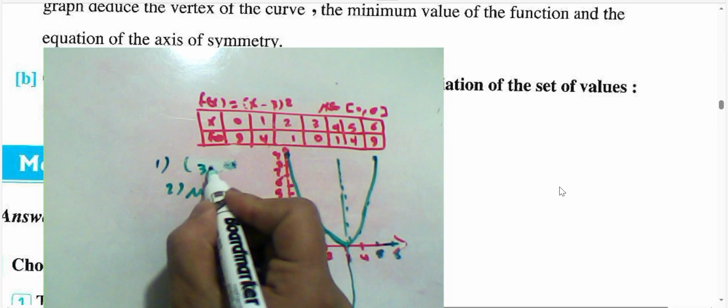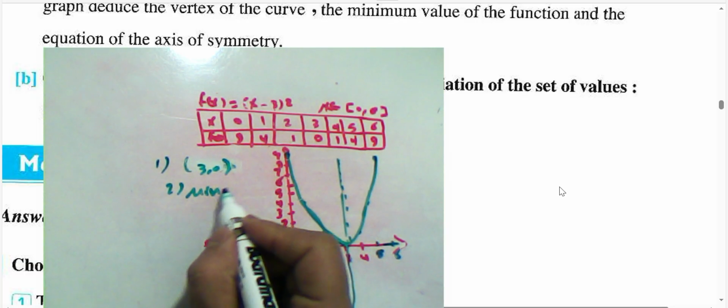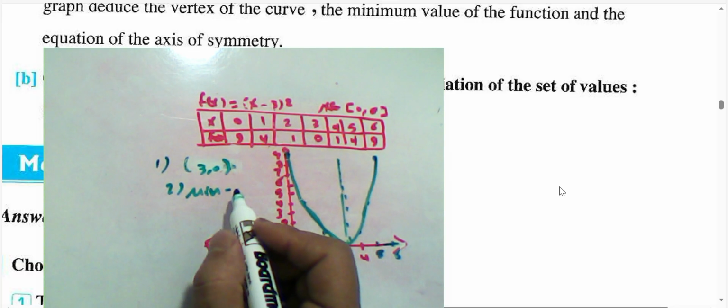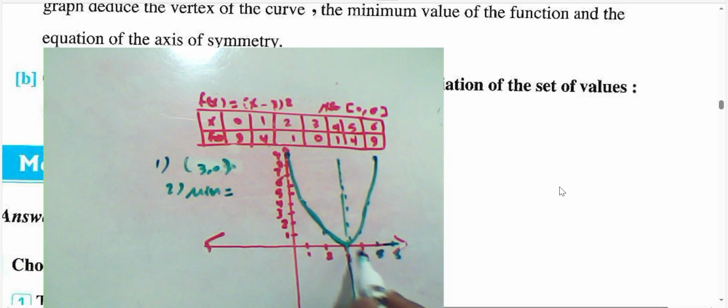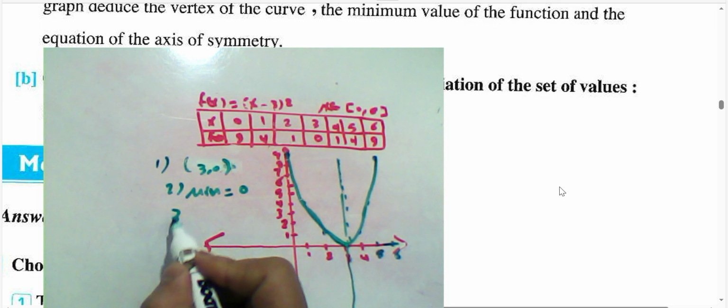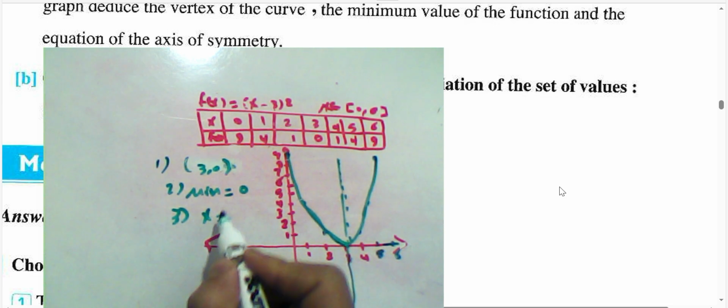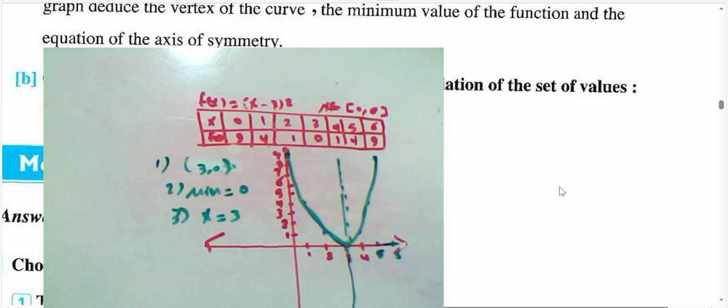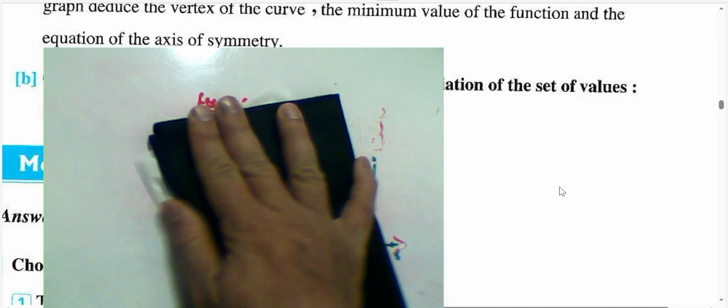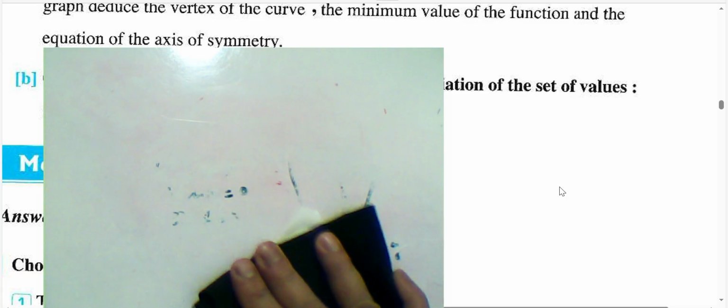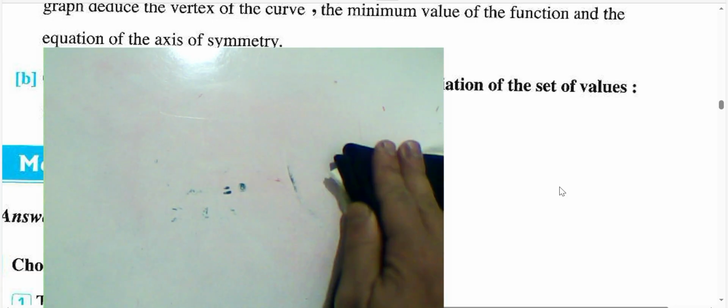Okay, the point (3, 0) is the vertex, and the minimum value equals 0, and the axis of symmetry is x equals 3. Understood?